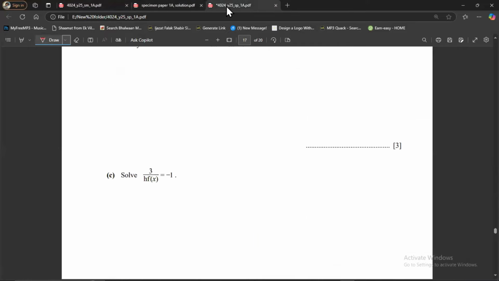That is question number 19 and it's the C part. They say solve 3 divided by h of f of x equals minus 1.